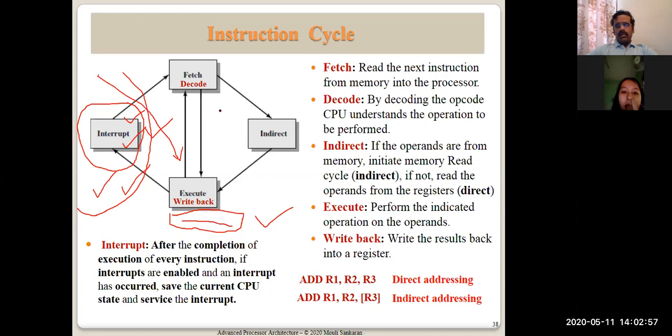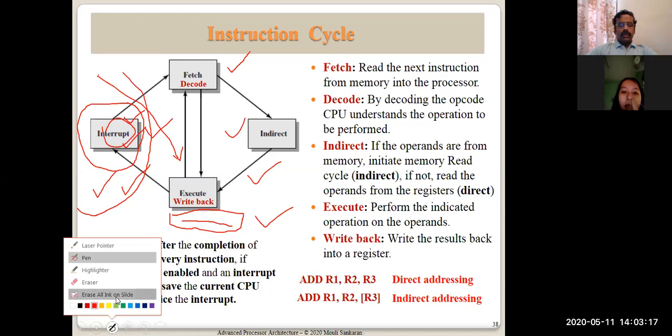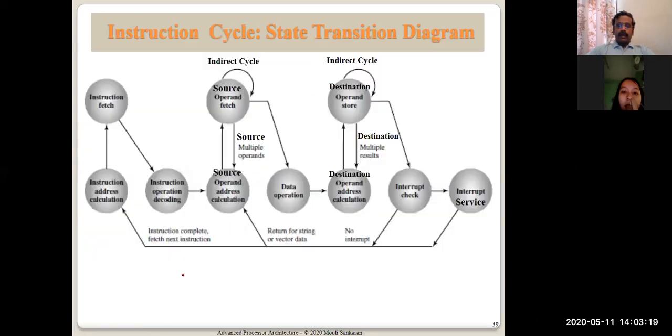So this is also one of the states a CPU can get into. As I told you, instruction execution can be a normal program flow, or it could be an ISR routine based on the interrupt. So this is something which you should keep in mind.